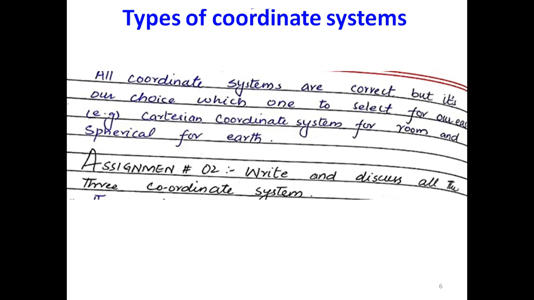So sometimes we would select Cartesian coordinate system, sometimes spherical coordinate system, or sometimes cylindrical coordinate system.